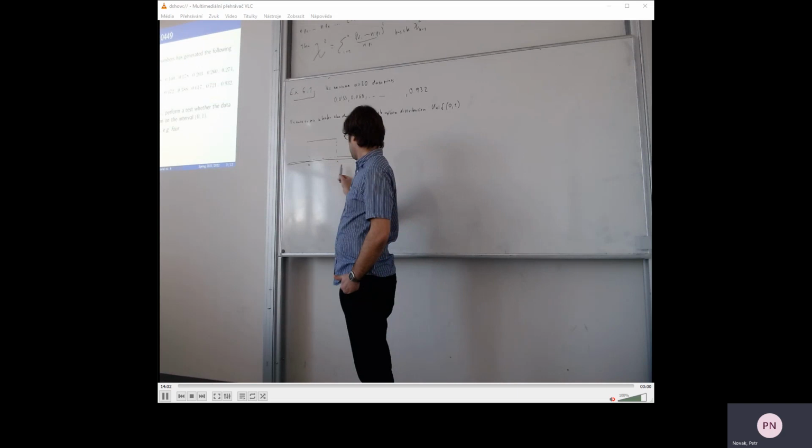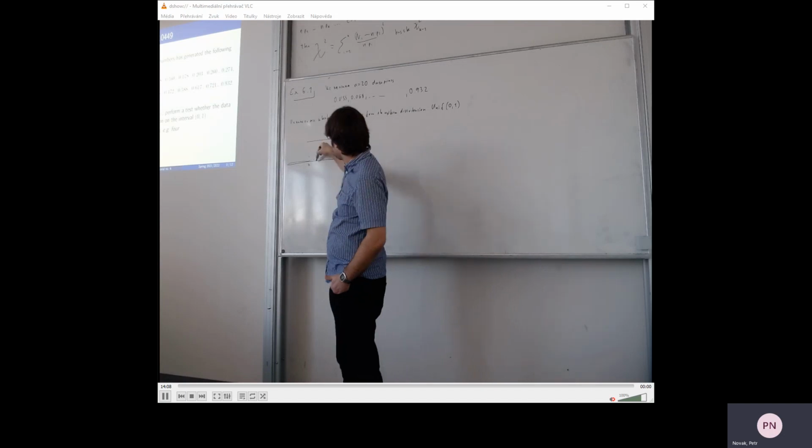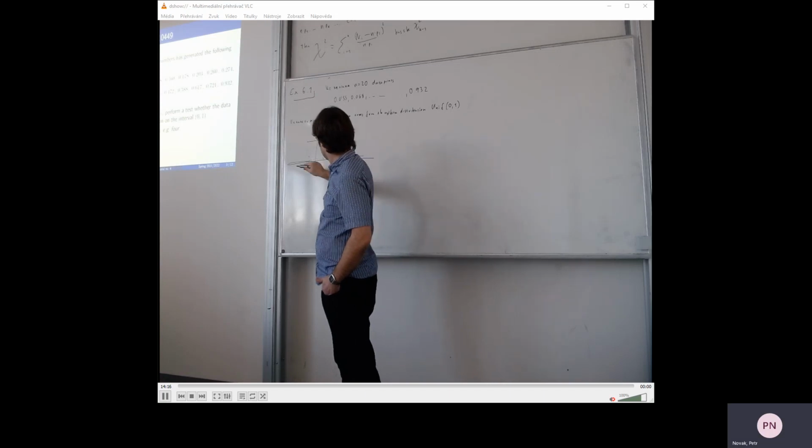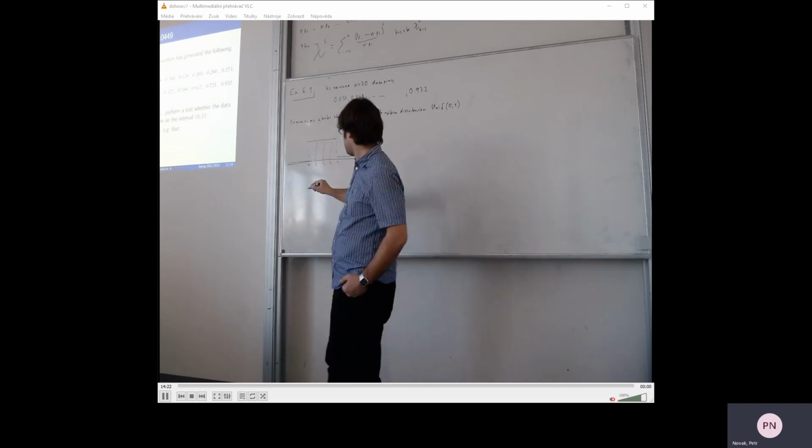Now we can take a look at the interval and slice it into 4 pieces maybe. That would make sense, right? So we just slice the interval like this. Here we have 1/4, here we have 1/2, here we have 3/4.